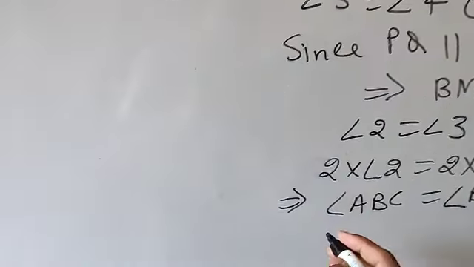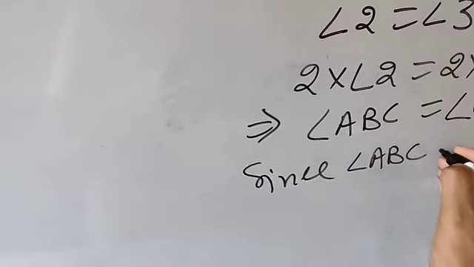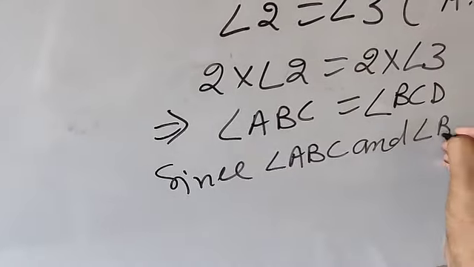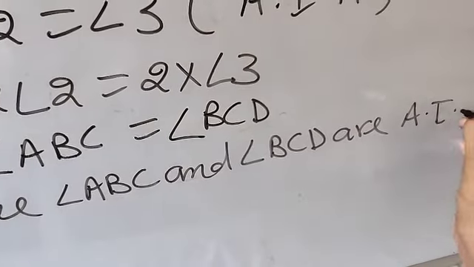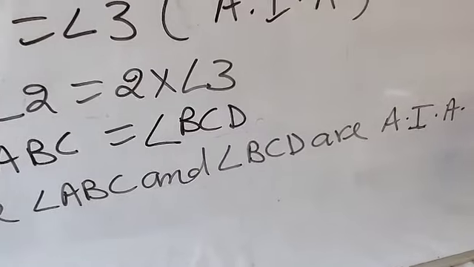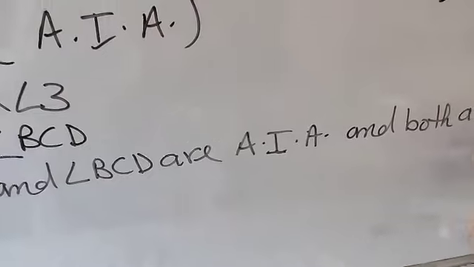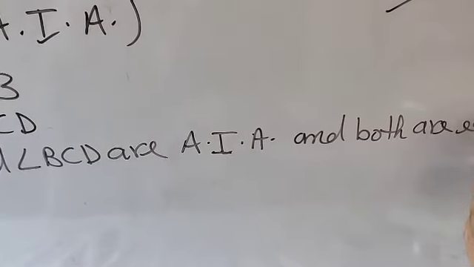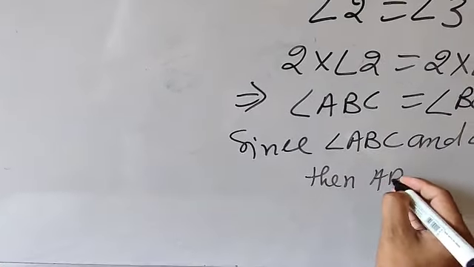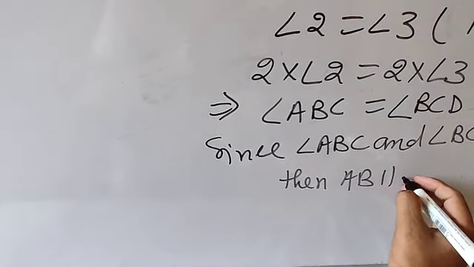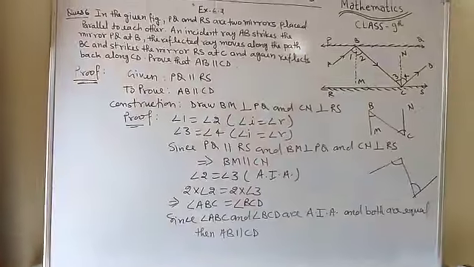So here you can write, since angle ABC and angle BCD are alternate interior angles and both are equal, then AB parallel to CD, and it is proved.